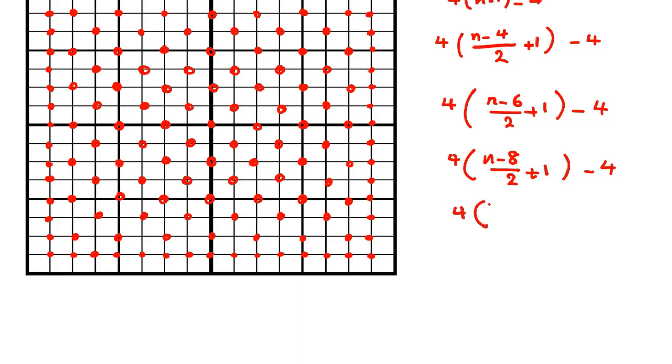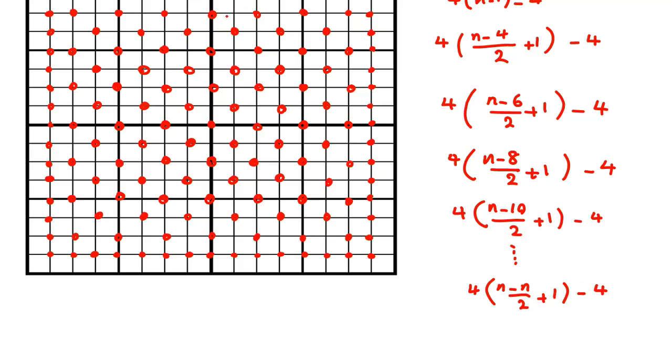So it is 4 times n minus, for example, 10 over 2 plus 1 minus 4, up to the last one: 4 times the last point, n minus n over 2 plus 1, minus 4.